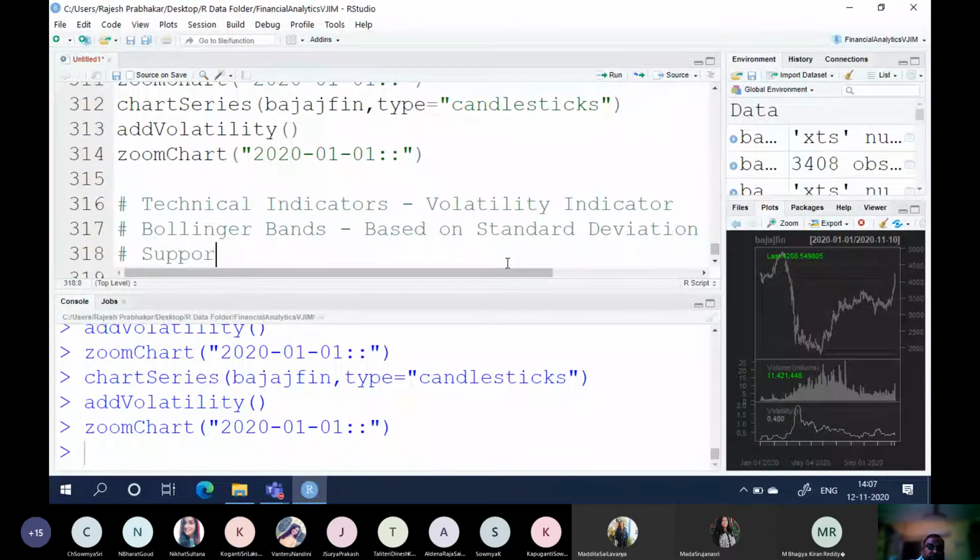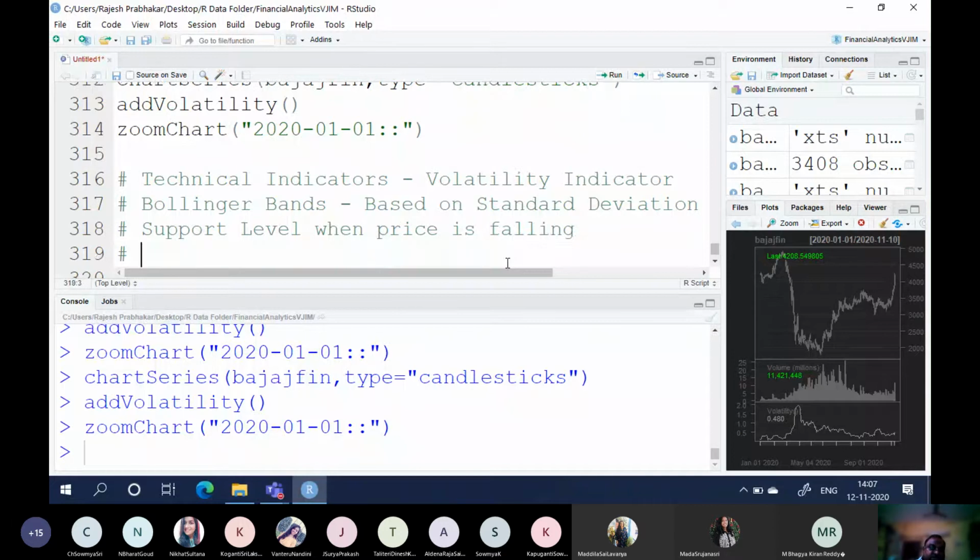When will you talk about the support level? When is the support level important? When the price is falling. And when you have the resistance level, it is when price is rising.